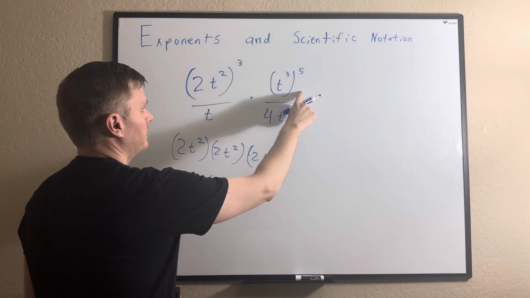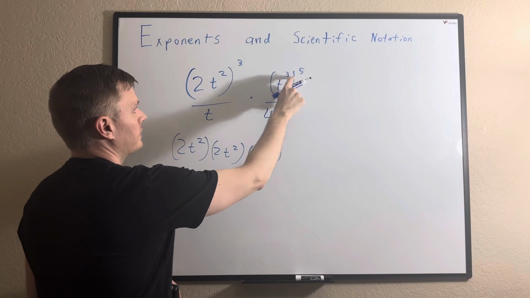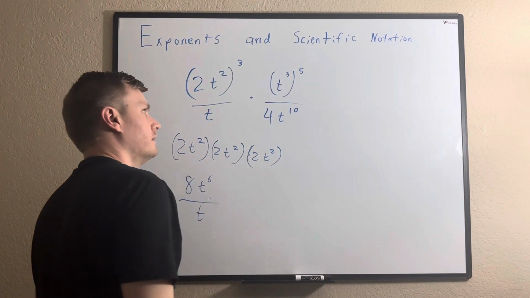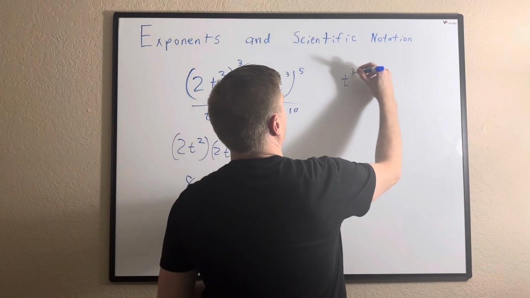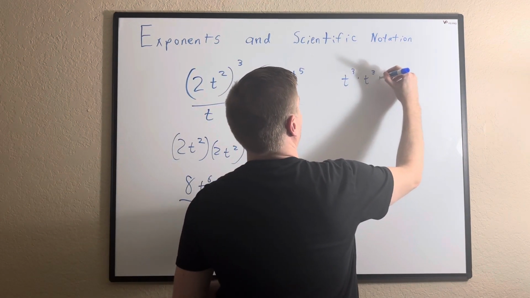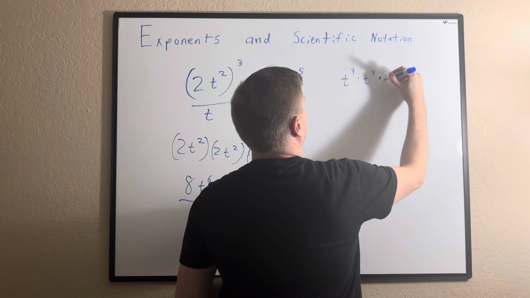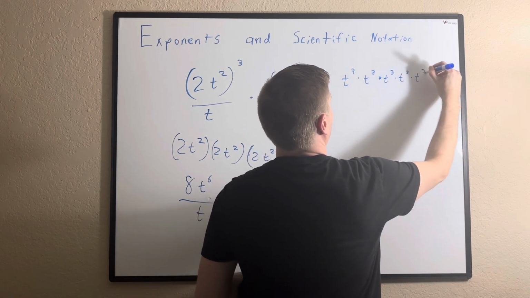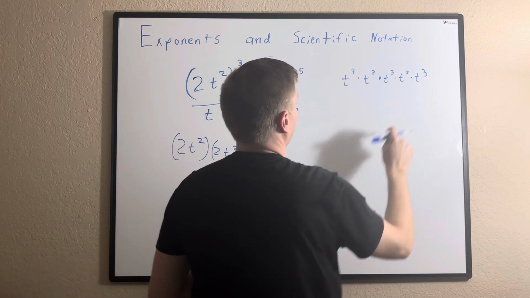All right, now what about this one? t to the third raised to the fifth power. Wow, I don't want to write t to the third times t to the third times t to the third times t to the third times t to the third. There we go, 1, 2, 3, 4, 5. That's all 5 of them.